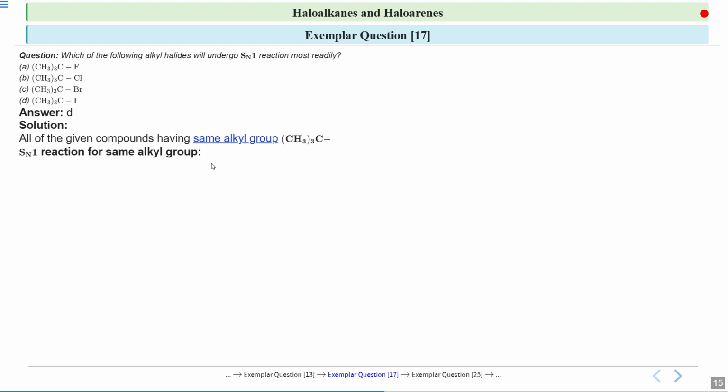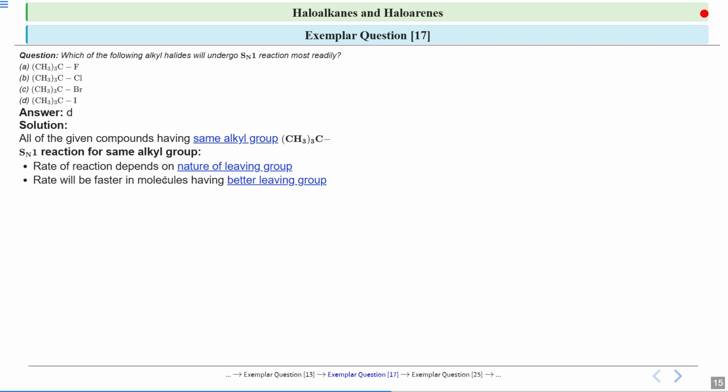Now if we have molecules having the same alkyl group but the leaving groups are different, the halide ions are different, then the SN1 reaction rate will depend upon the nature of the leaving group. So if you have the same alkyl group, you will focus on the nature of the leaving group.